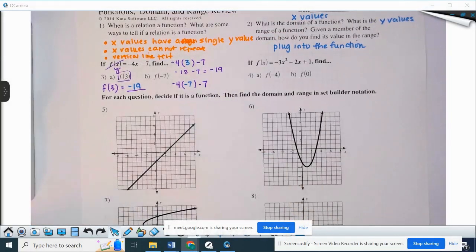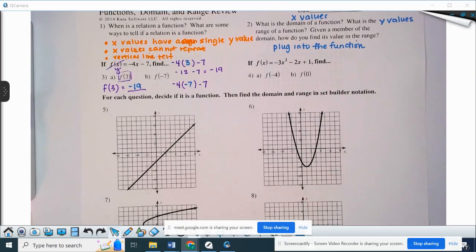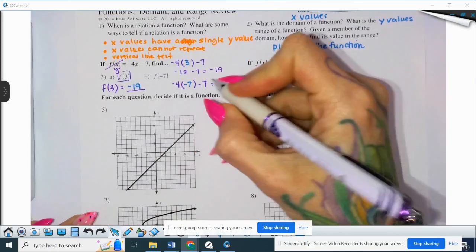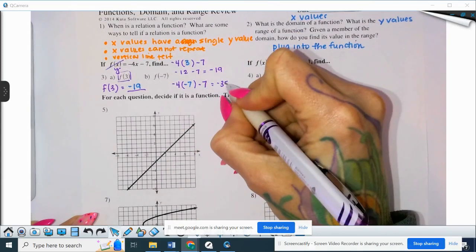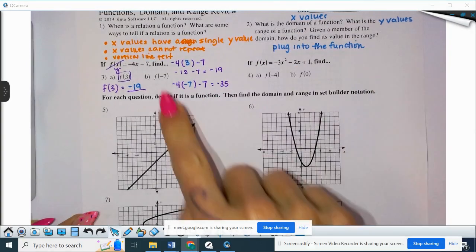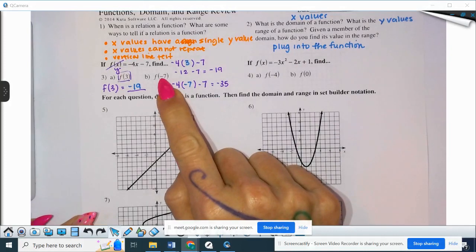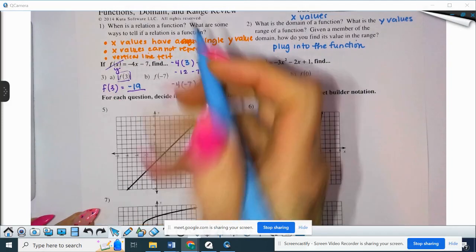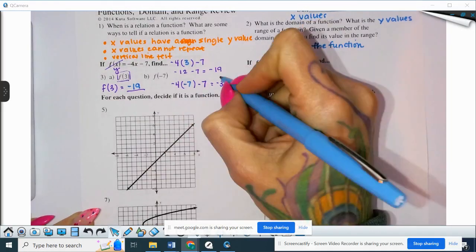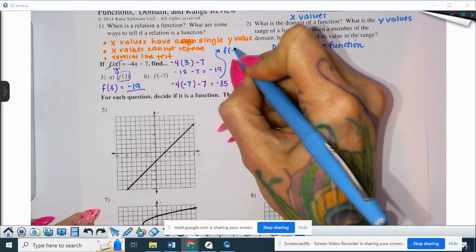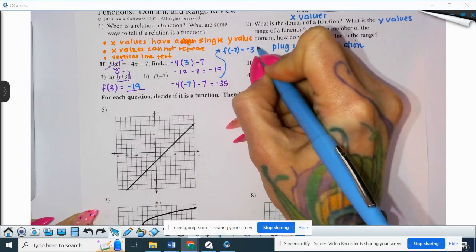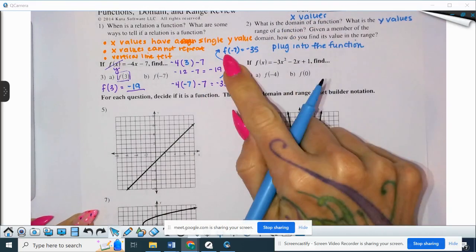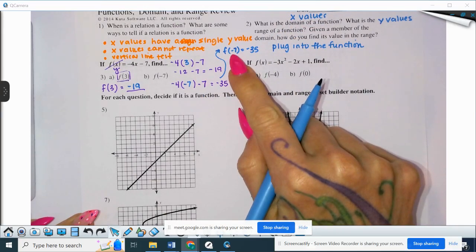So negative 4 times a negative 7 is going to give me a negative 28, minus 7 should give me a negative 35. So when x is negative 7, y will be a negative 35. So again, you could write f of negative 7 is equal to negative 35.